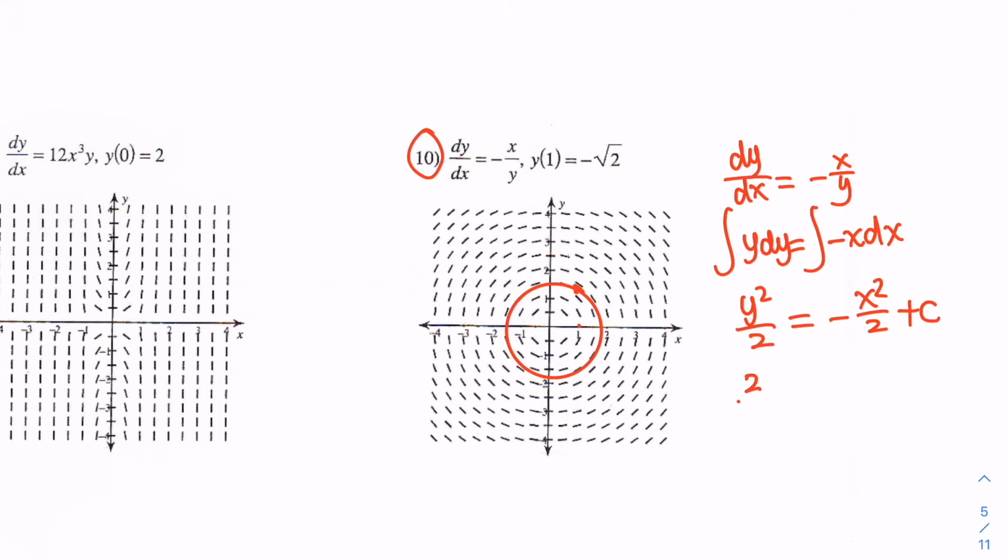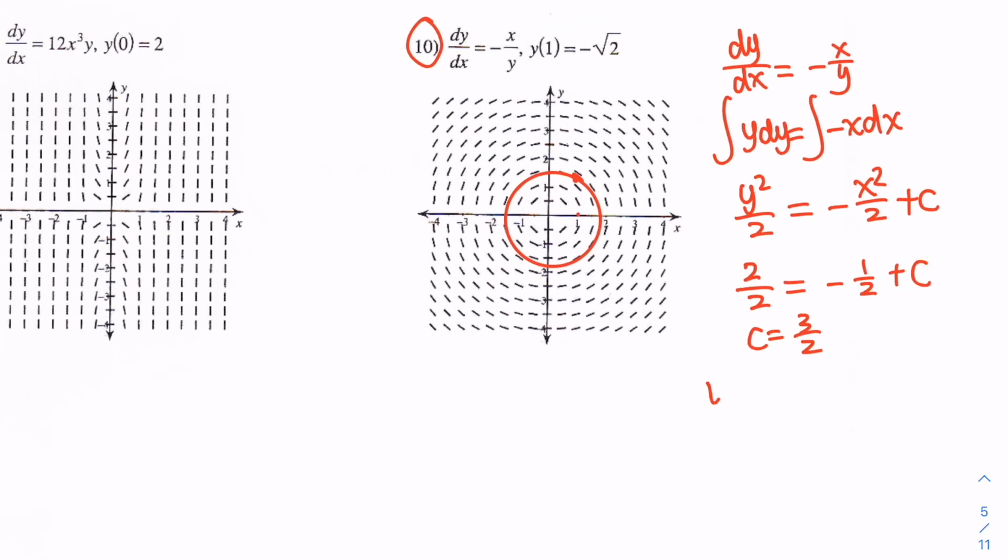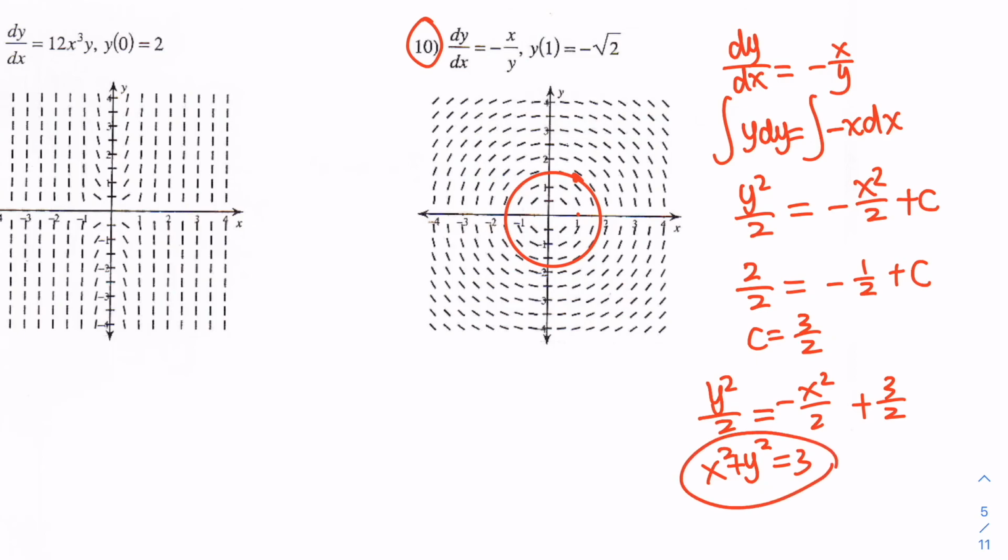So it's 2 over 2 equals negative 1/2 plus c, so c equals 1 plus 1/2, which is 3 over 2. So our equation is y squared over 2 equals negative x squared over 2 plus 3 over 2, so x squared plus y squared equals 3. It's a circle with radius equal to square root of 3.